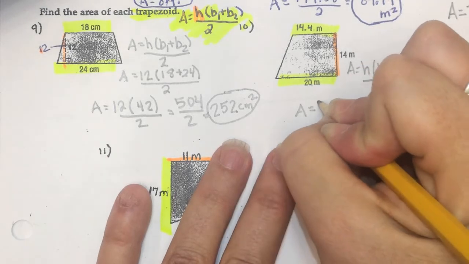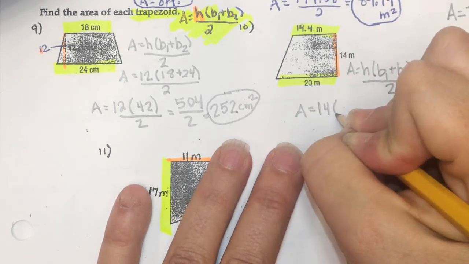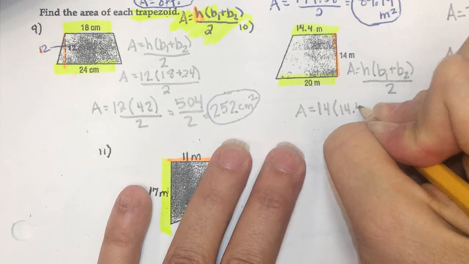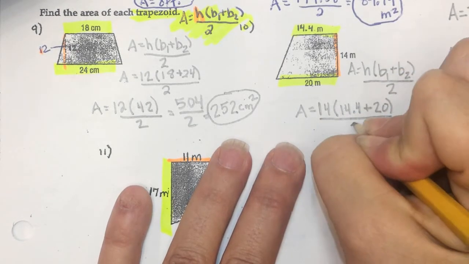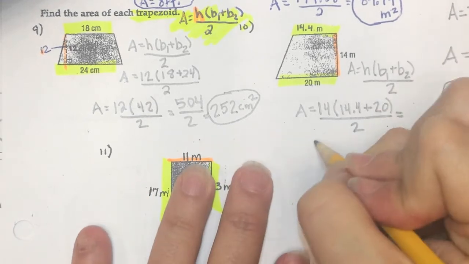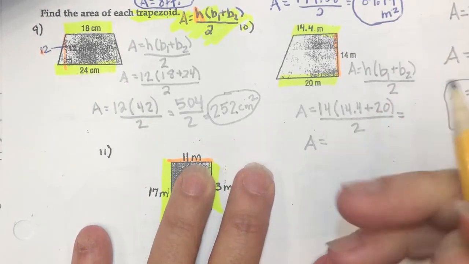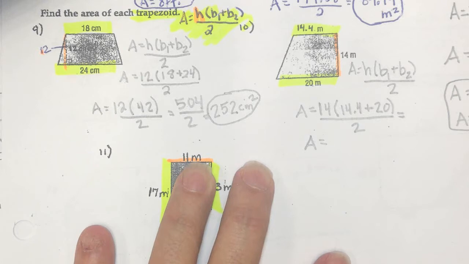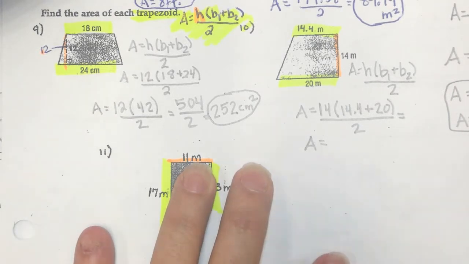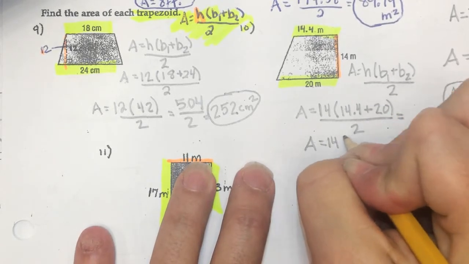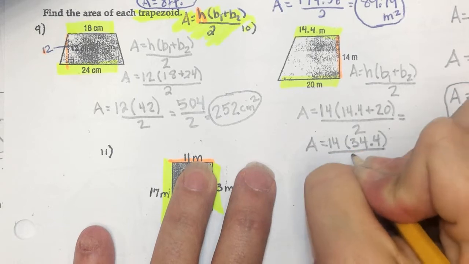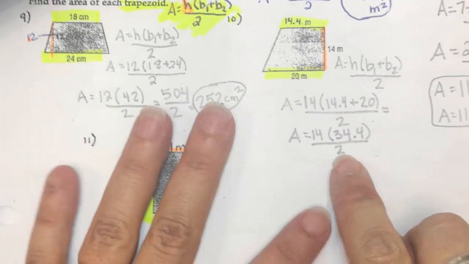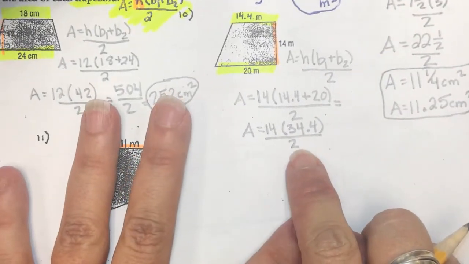So the height is 14. Okay, so I got 34.4 for those bases.